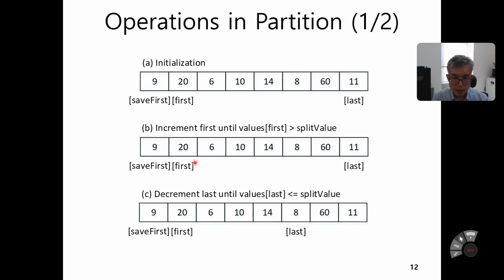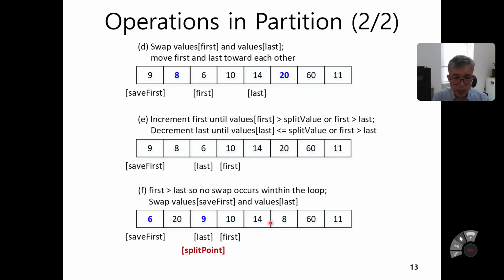Okay, we can move, right? So 20 is greater than 9. Similarly, we decrease the last index until the value at last is less than or equal to the split value, like this. So this one is less than 9.